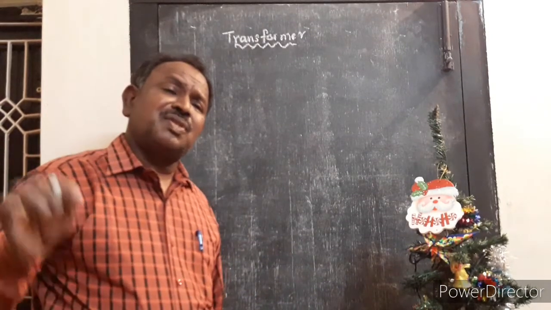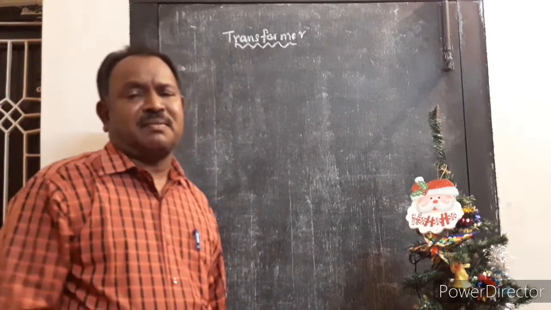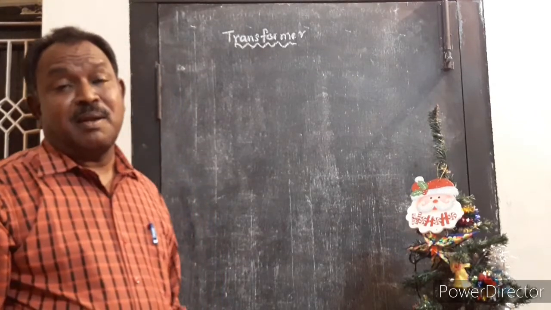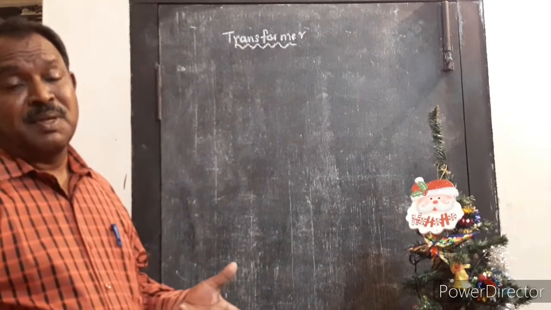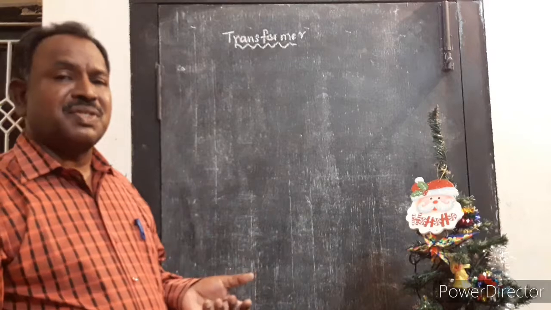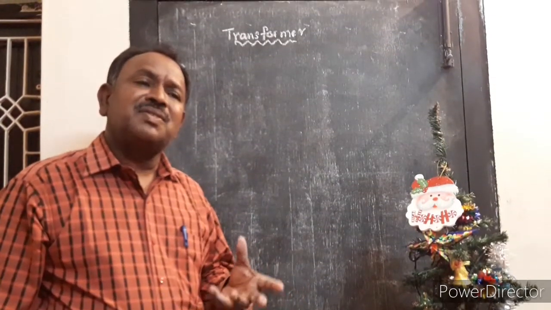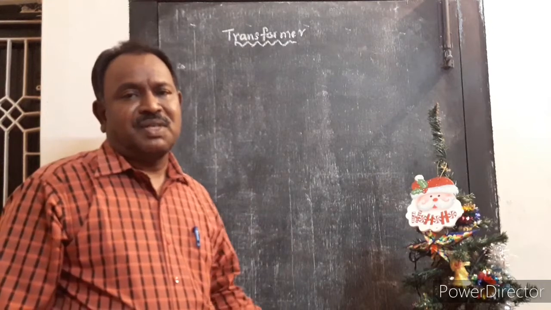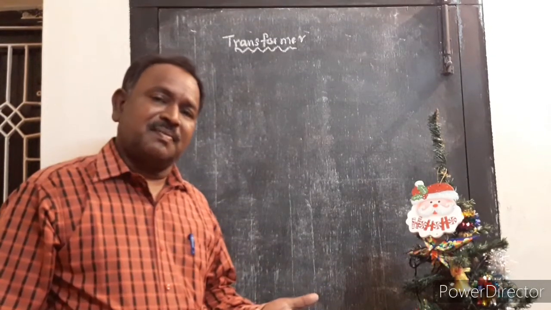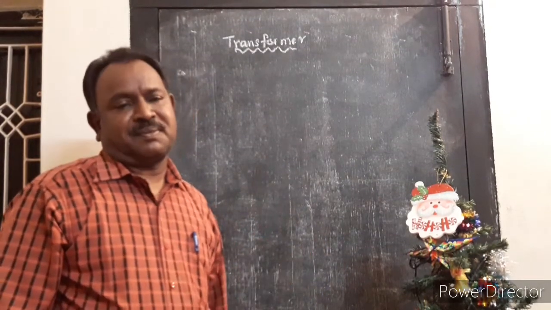The power stations are located only in remote areas. So the electric power produced by these power stations has to be transmitted to the place where it is utilized, such as cities or factories.